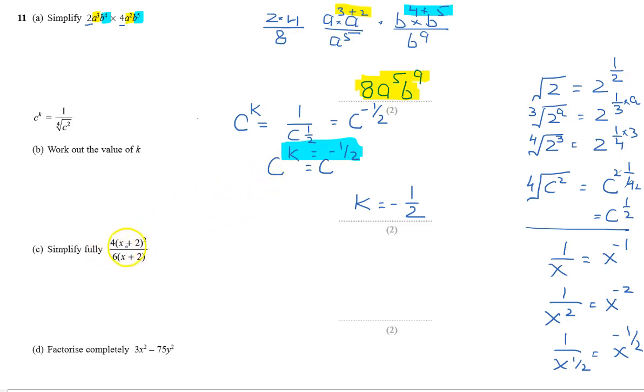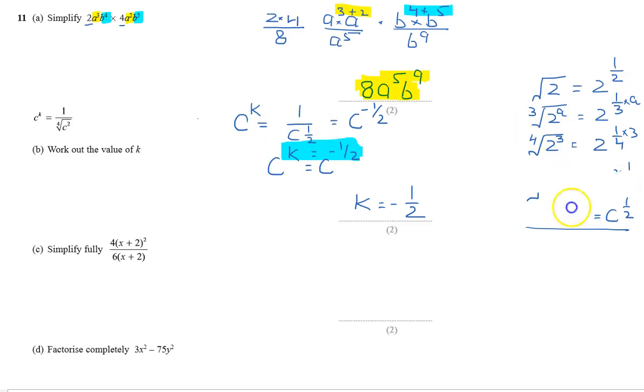Simplify fully. 4 times (x plus 2) squared over 6 times (x plus 2).